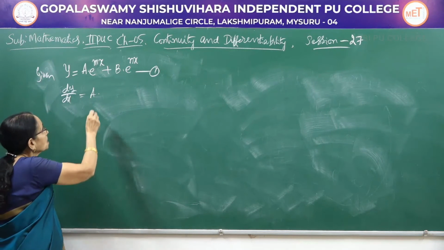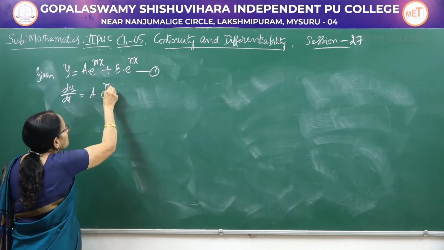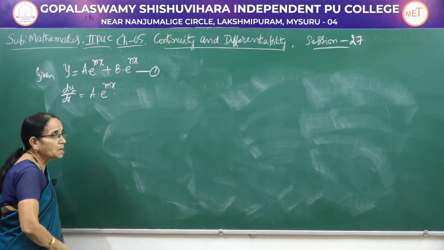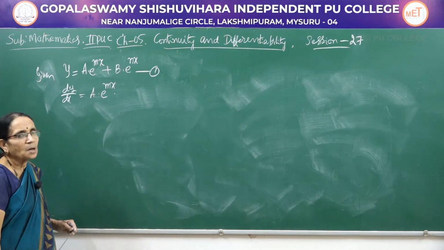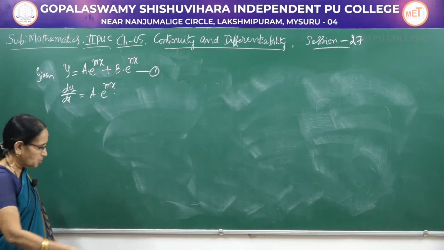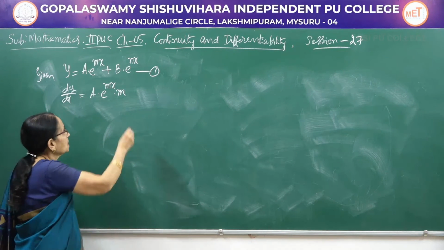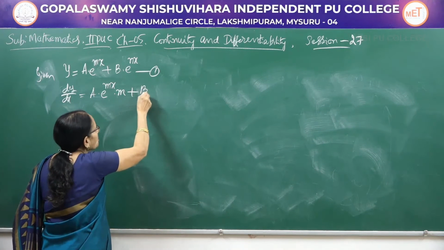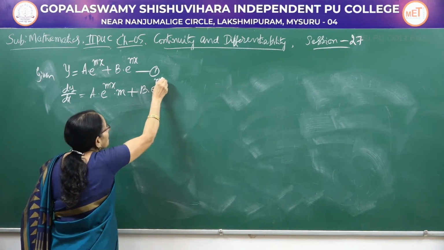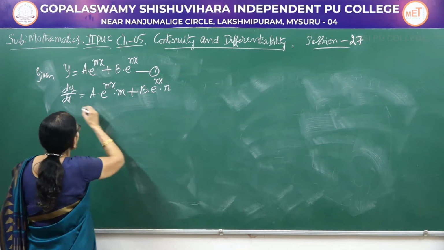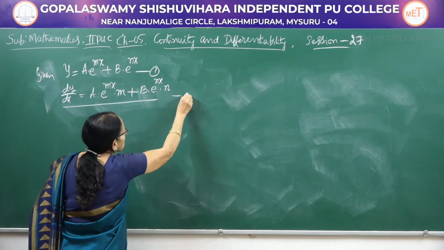Keep them as they are. a into e to the power mx. Now e power x is a simple function, e power mx is a composite function. So e power mx into m plus b into e to the power nx into n. Now this is the first derivative.